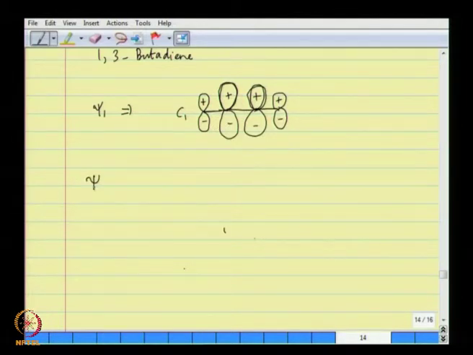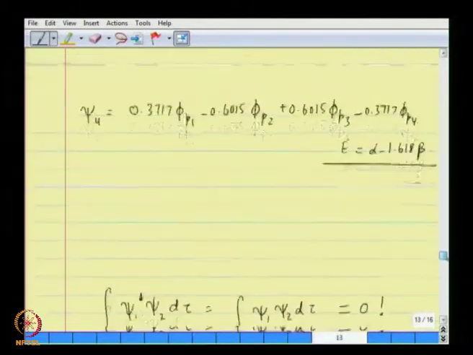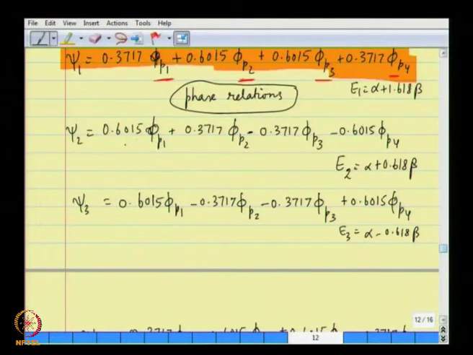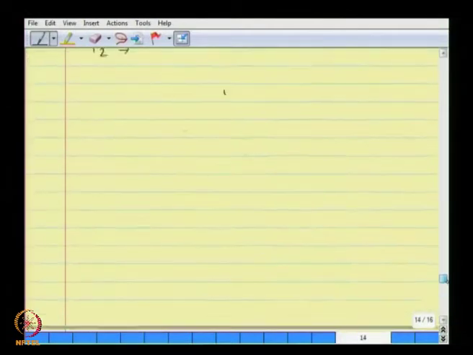Now psi 2, if you look at the contribution of the individual p orbitals, psi 2 has larger p1, larger p4, but p3 and p4 are negative. So let us keep that in mind.